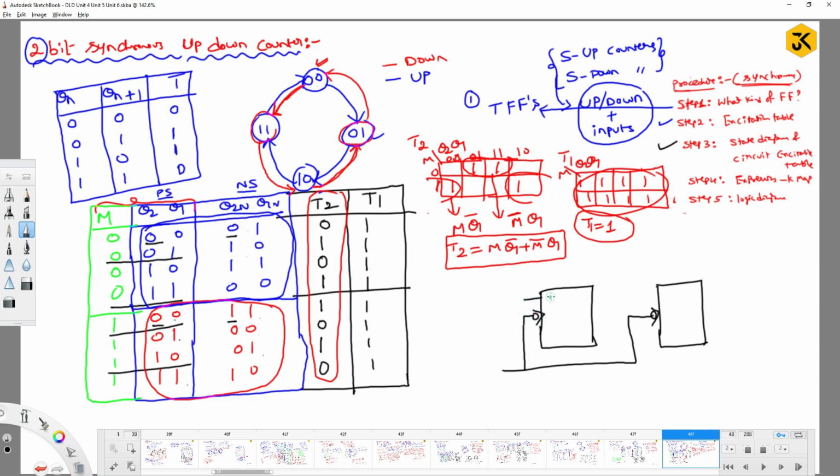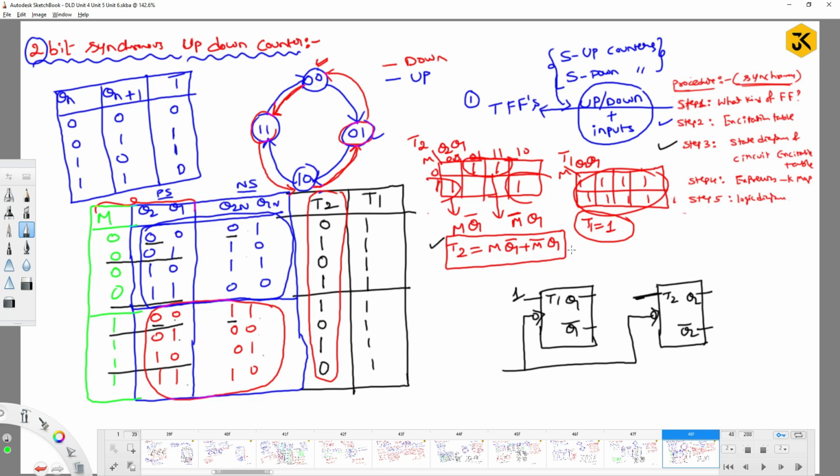This will be T1 and the outputs are Q1 and Q1 bar, T2 with Q2 and Q2 bar, right? So as per the expressions, T1 value you have to pass as 1, I have passed 1, right? What might be the T2 value? For the T2 value, you have to have this combinational circuit. It is an expression, so this should be a combinational circuit.